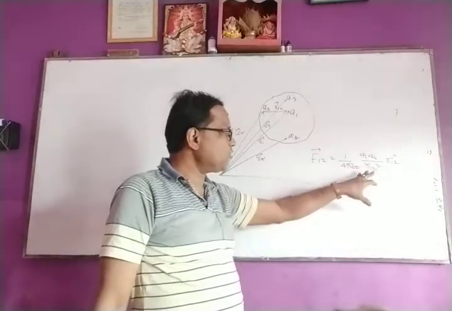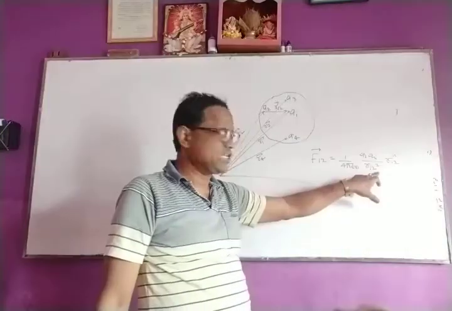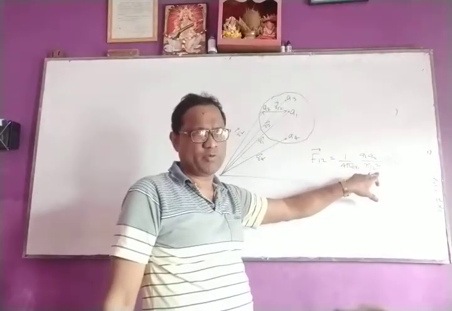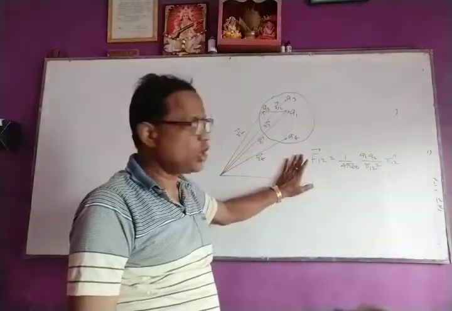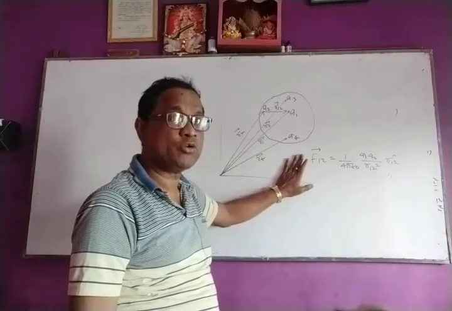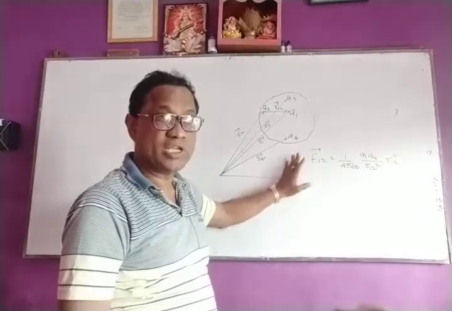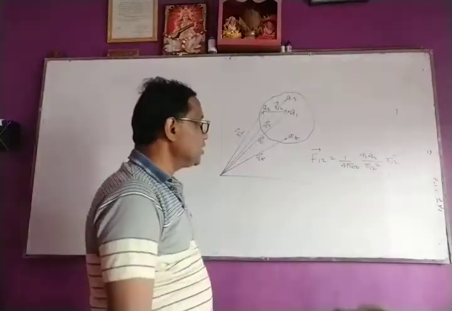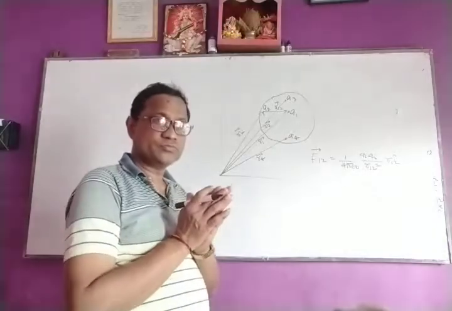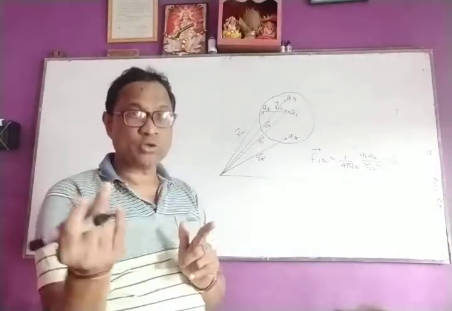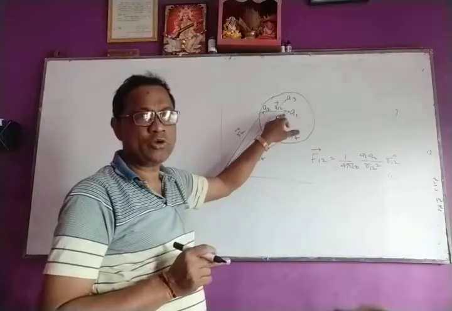So r12 is the position of q1, the actual body, with respect to q2, the referred body. So F12 is equal to 1 by 4 pi epsilon naught q1 q2 by r12 whole square into r12 cap.